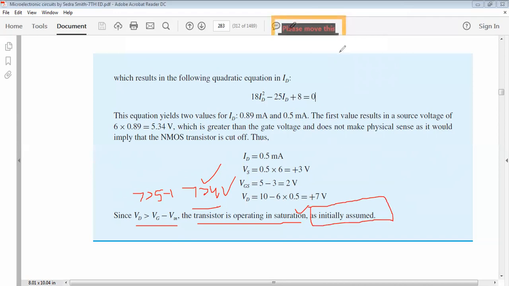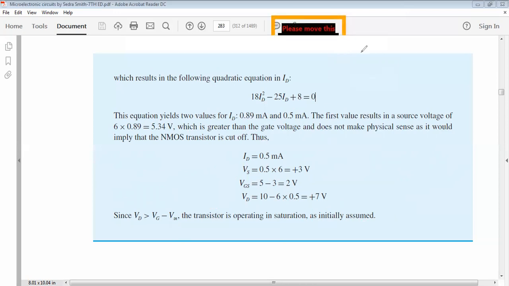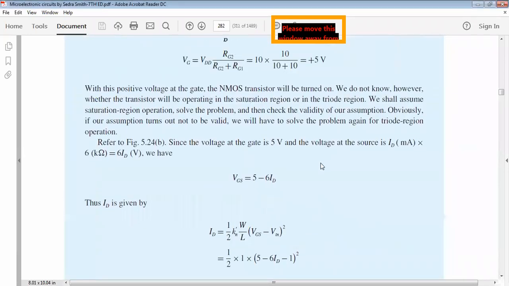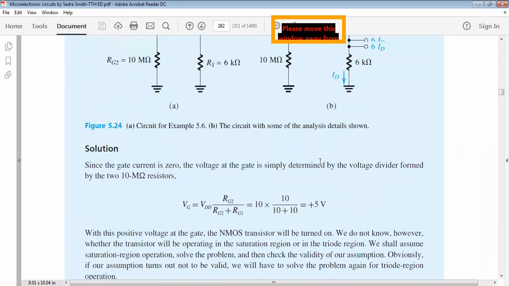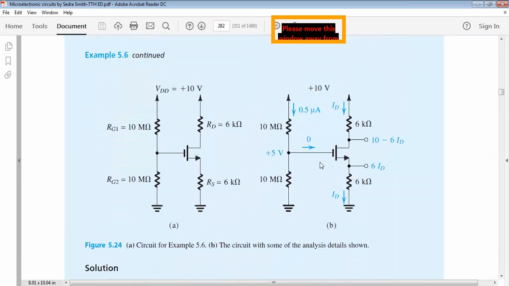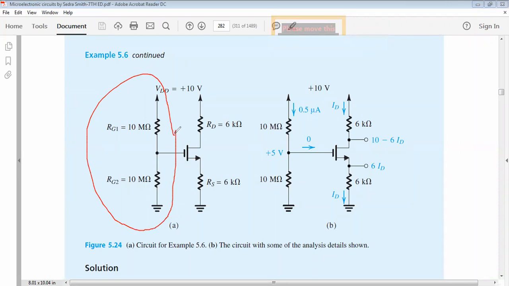Like that, we have to analyze the given MOSFET problems. Once again, the procedure is, this is the given circuit here. From the given circuit, we have to simplify the gate network applying voltage divider rule or Thevenin voltage, and find gate voltage and equivalent resistance.